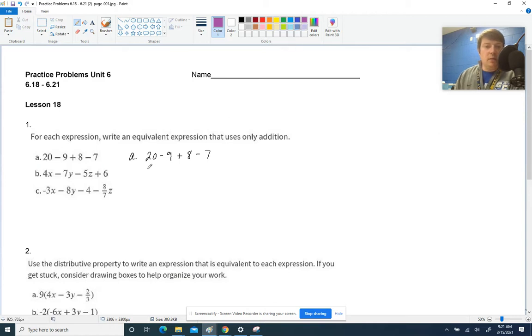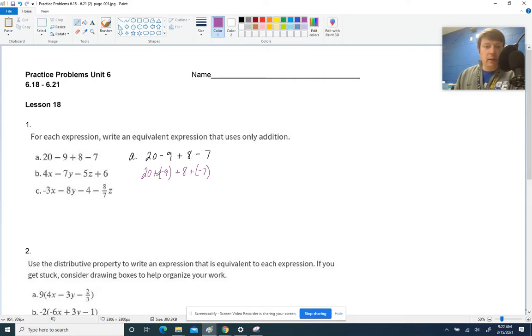So we could do something like this at the very beginning. We just take every subtraction, make it into an addition of its opposite that follows, like such. The minus 7 became plus negative 7, and the minus 9 became plus negative 9. And now we can move things around and combine them however we want to.